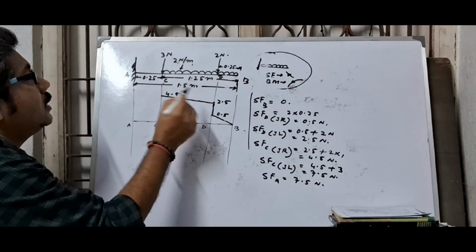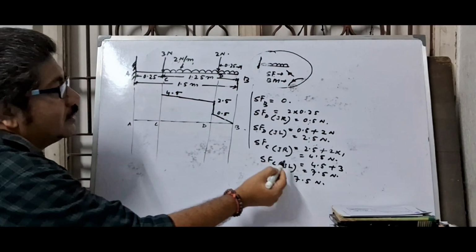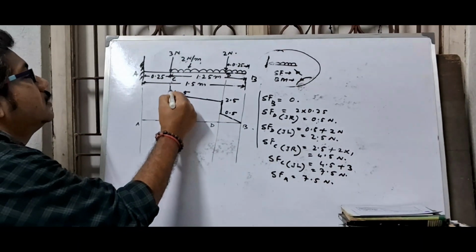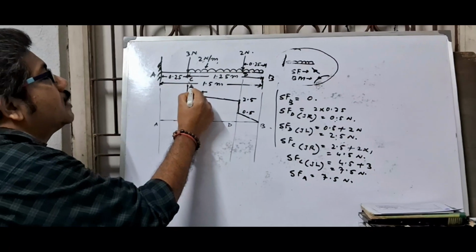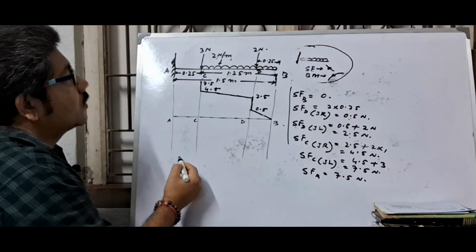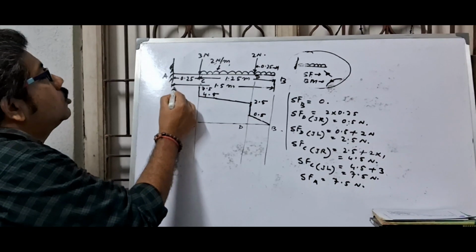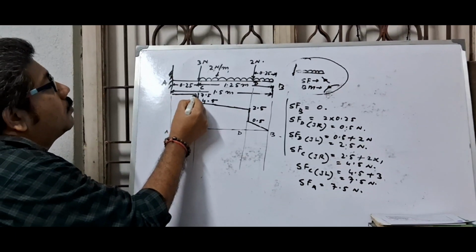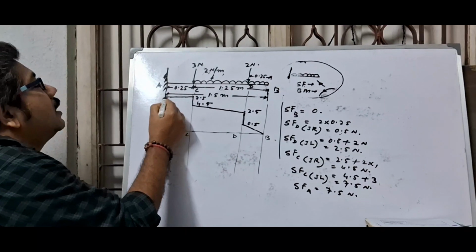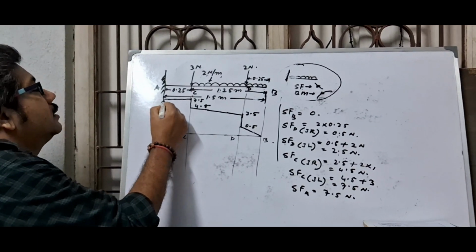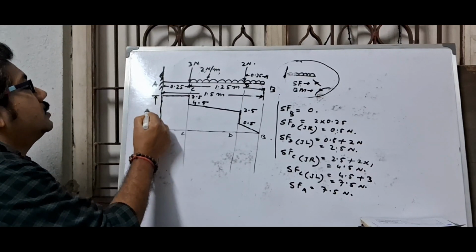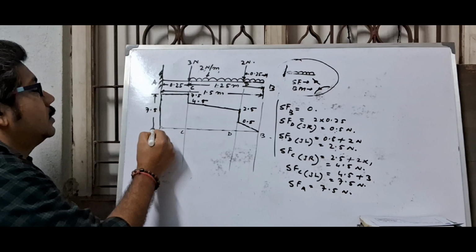And when you touch C just left, this is 7.5, and due to point load this is vertically upwards, and here this value 7.5, and there is no load, so this advances parallel, that means a horizontally straight line, and here the value is 7.5.